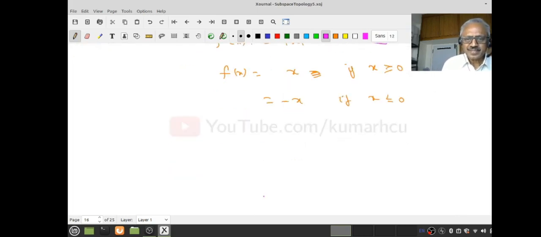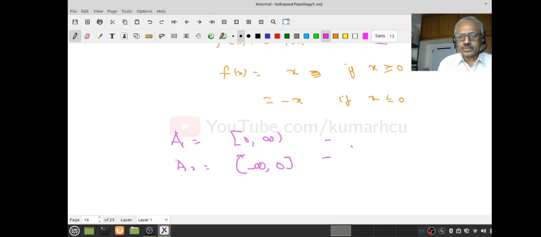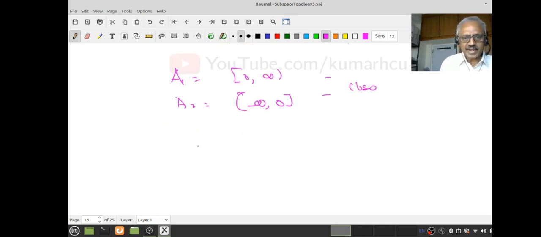Therefore my A1 is going to be 0 to infinity and A2 is going to be minus infinity to 0, closed. These are all closed. There are two sets, a finite family, and on A1, f1, that is f restricted to A1, f1 of x is nothing else than the identity function. Therefore this is continuous on A1.